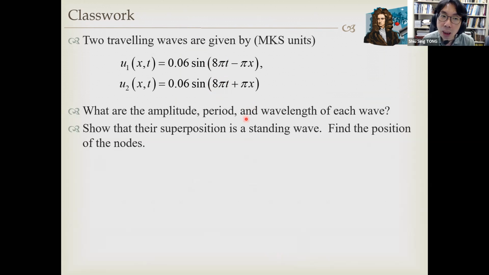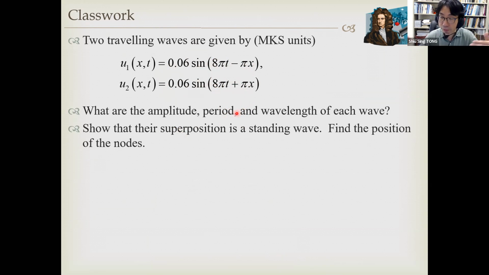Now, I just want you to have a taste of it, since you are not very familiar with this kind of algebraic manipulation. So let's have a simple example. Suppose now we have two waves. They are obviously of the same wavelength and frequency, and also the same amplitude. But you can see one has a plus sign and one has a minus sign in k, while the sign of omega is the same.